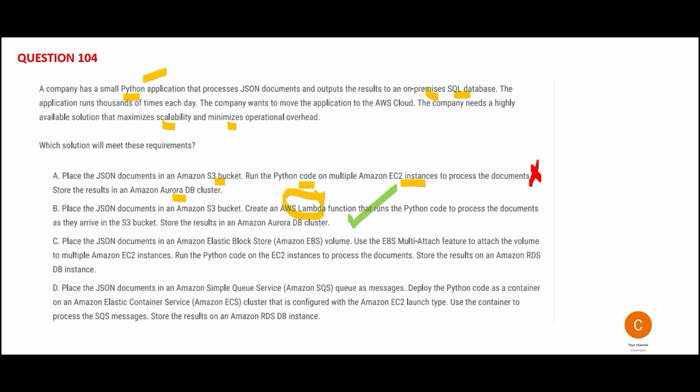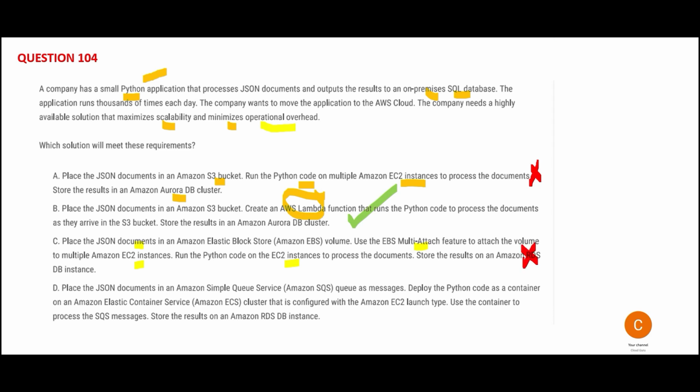And B is correct. C is not operationally efficient because you would put the docs on EBS volumes, do a multi-attach to EC2 instances, and then launch the EC2 instances. So this is not operationally efficient.